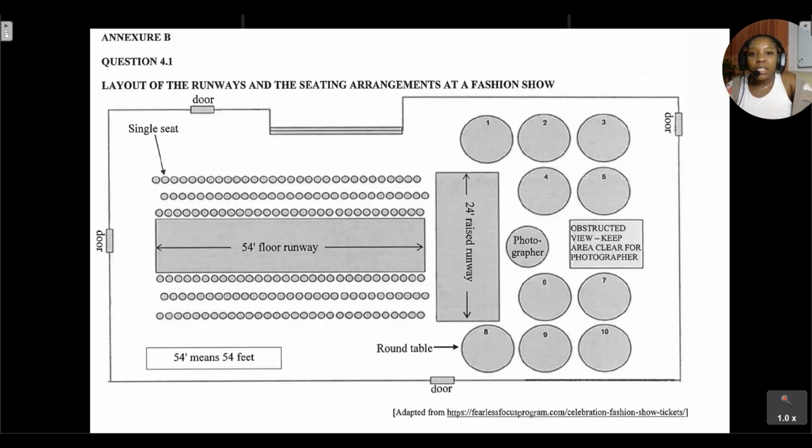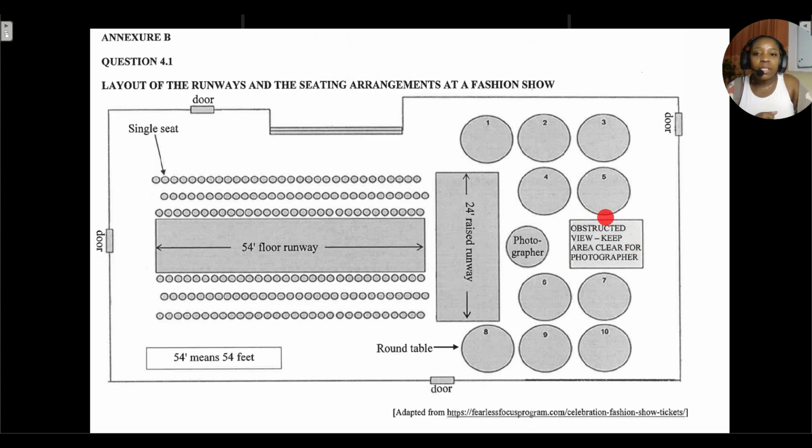So let's just see what is happening here. We are given a layout, a plan of the runways and the seating arrangements at a fashion show. We can see that this is the 54, then there's the inverted comma floor runway, and here we've got the 24 raised runway. Then we've got the photographer, and an obstructed view: keep area clear for photographer.